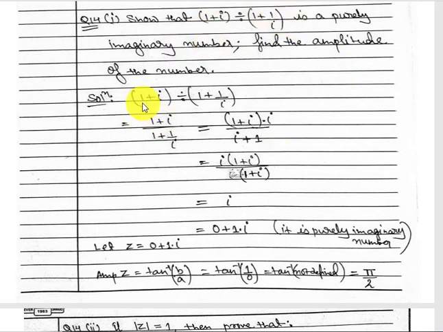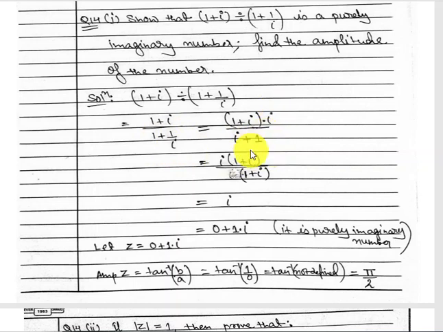So let's see. 1 plus i divided by 1 plus 1 upon i. Here I'm taking the LCM, because here it is 1 upon 1 and here 1 upon i, so the LCM will be i. So I get i plus 1, and whatever I get in the denominator, that i goes up in the numerator.